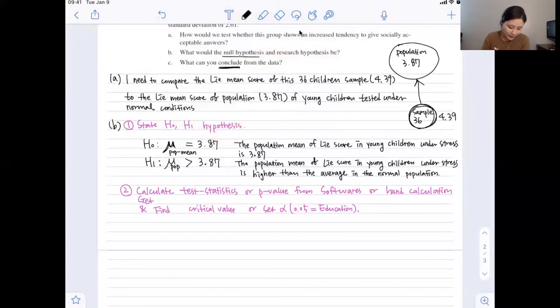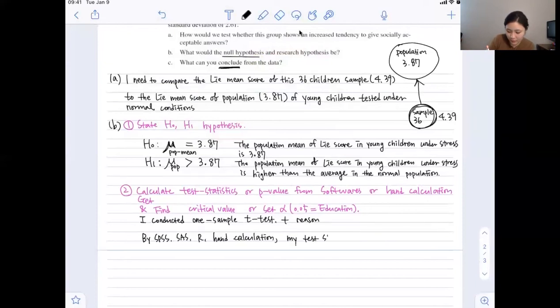So I would write, I am going to conduct a one sample t-test, and you need to add the reason why you do a one sample t-test. And by using SPSS or SAS or R or hand calculation, my test statistic is 1.2.